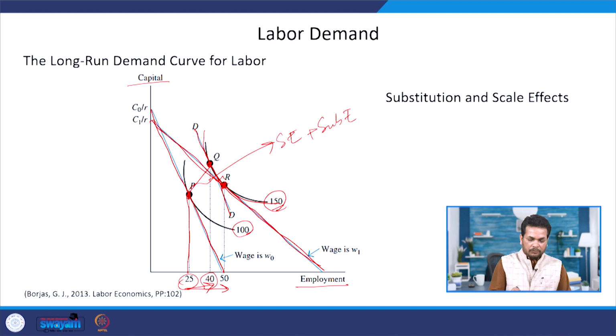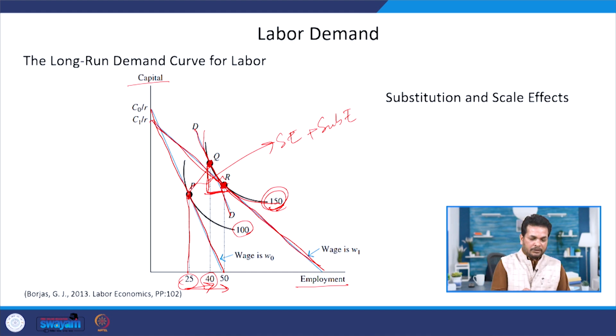Now, while producing these 150 units of output, the farm finds that labor is cheaper as compared to capital. So, the farm moves from point Q to R by substituting capital, this much of capital, by adding this much of labor.